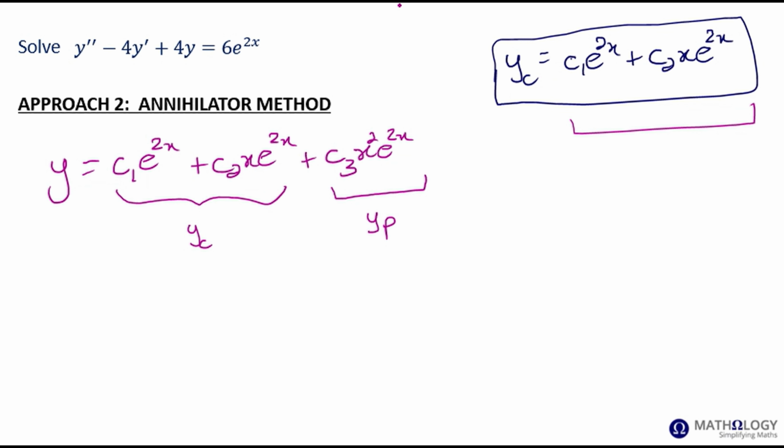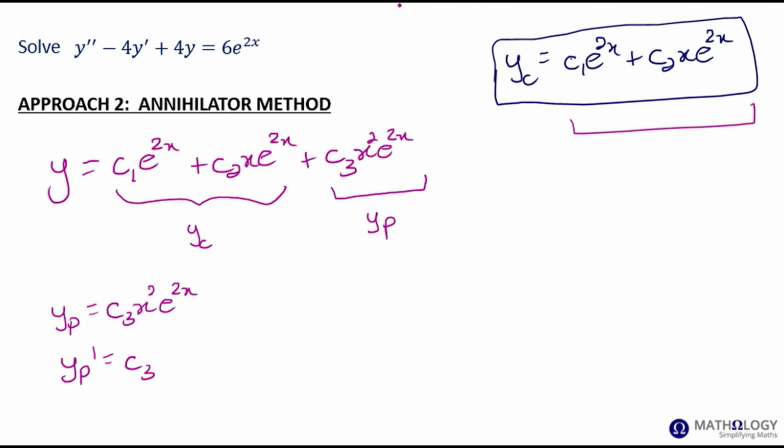So now we're going to use the particular solution and proceed as we did before by finding y prime and y double prime. So y is the particular solution, c3x squared e to the 2x. So y prime, c3 is a constant.